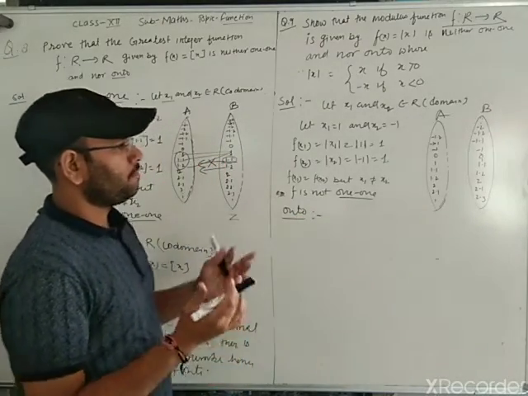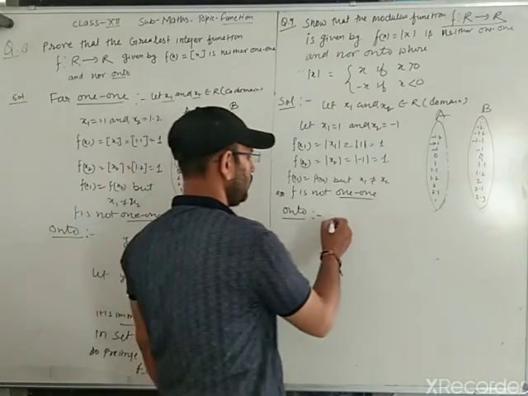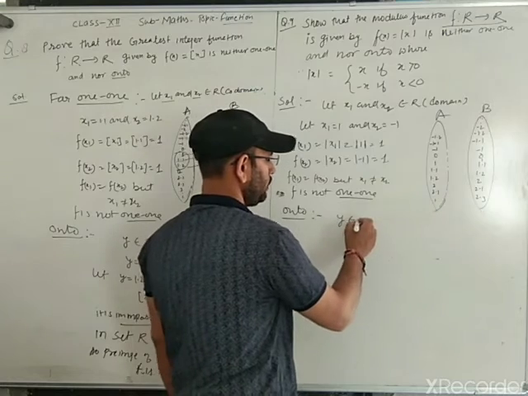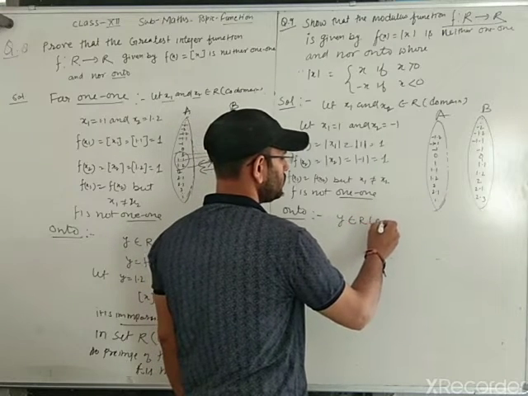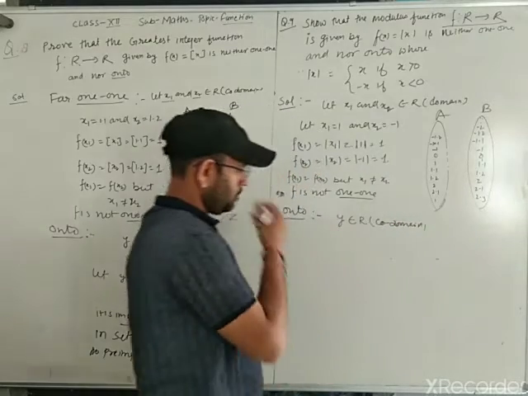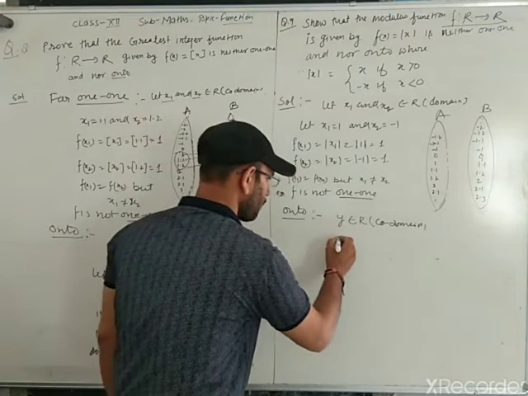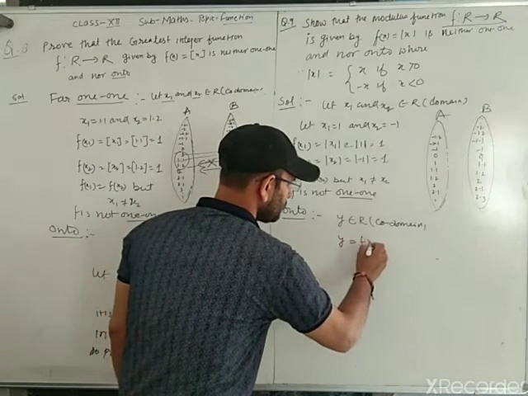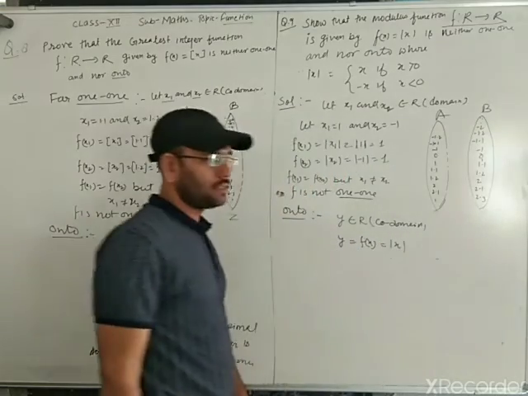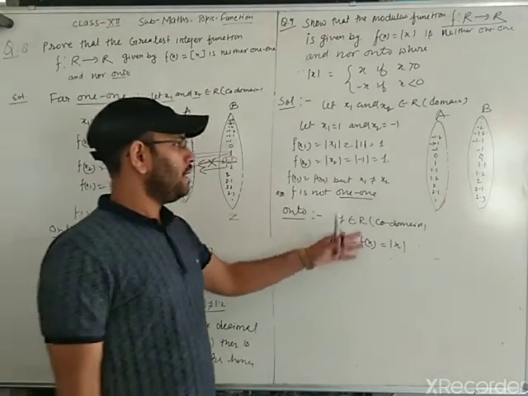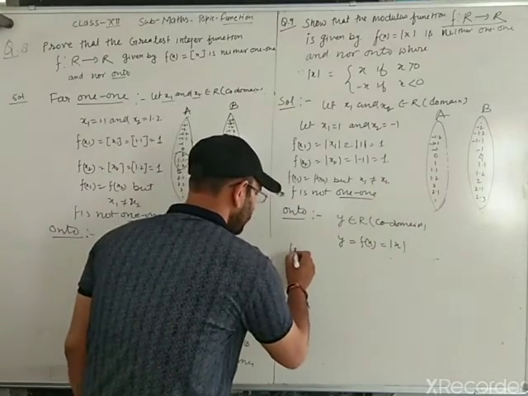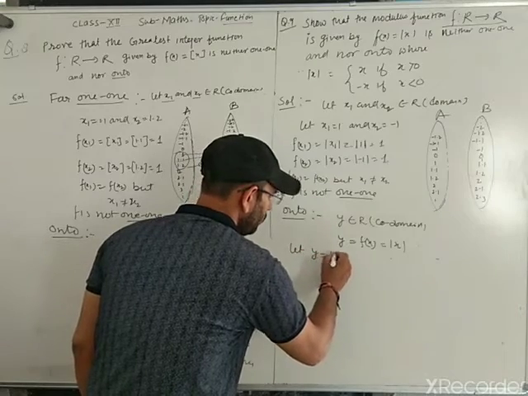Now for onto, we have to select one element. I will select y, which belongs to the set of real numbers, the codomain. y is equal to f(x), which is modulus of x. We can select any value, for example y equal to minus 1.